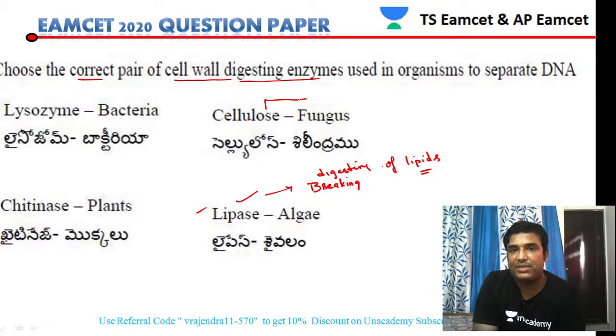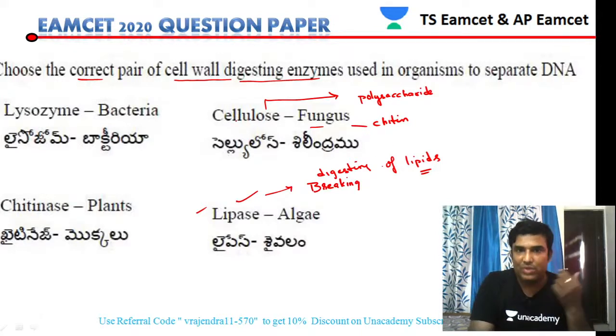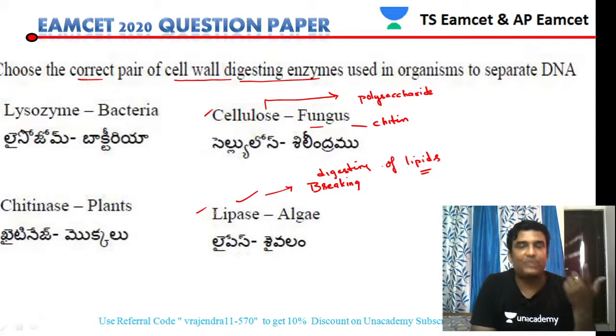Cellulose is not an enzyme, it is a polysaccharide. In fungi there is chitin but not cellulose. So option 2 cannot be the answer, and option 4 also cannot be the answer.